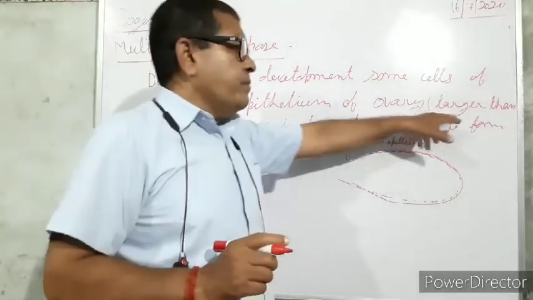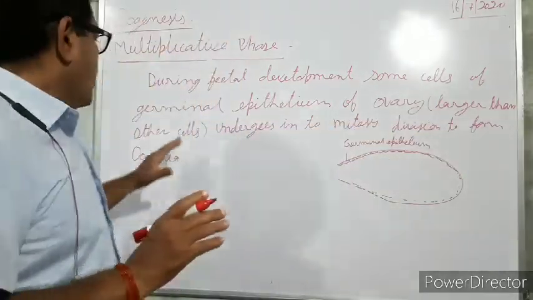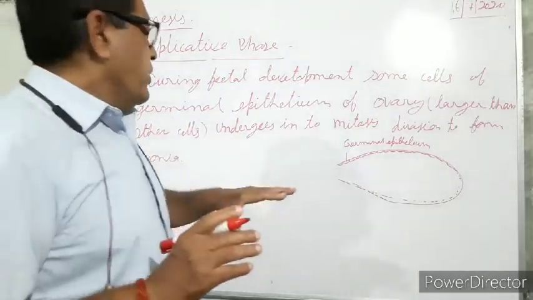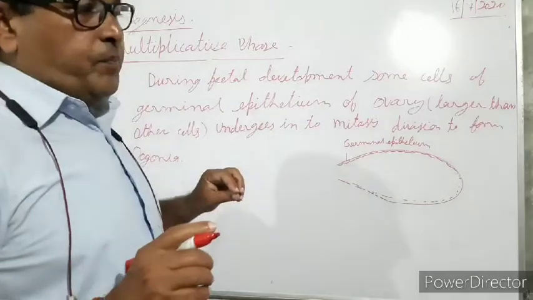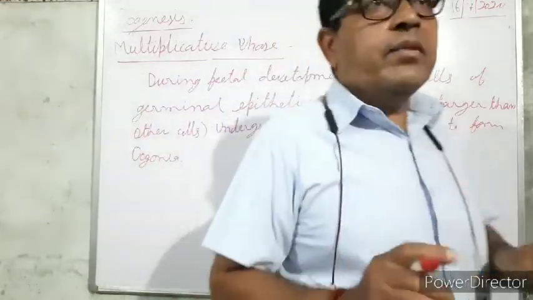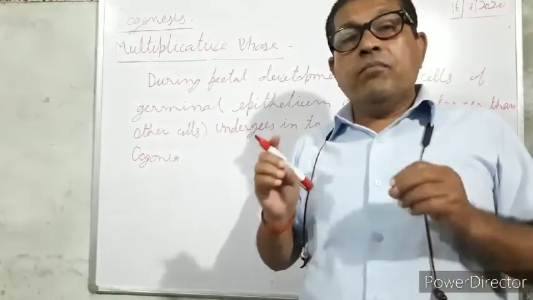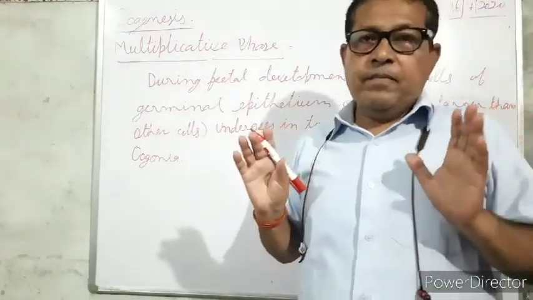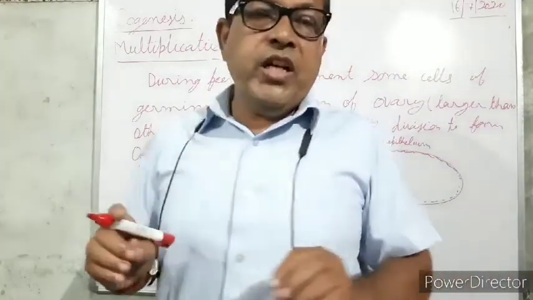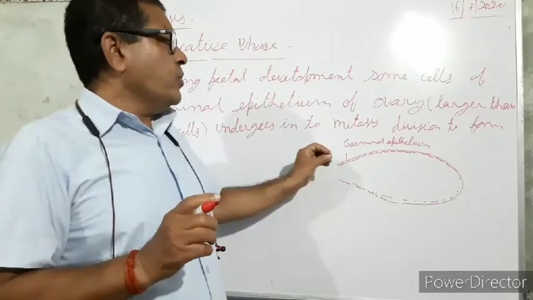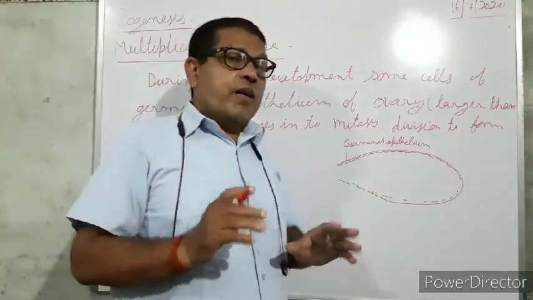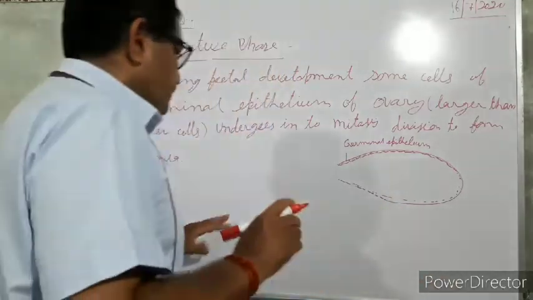Some cells which are larger than other cells undergo mitosis cell division to form the oogonia. This process takes place before the birth of the child. No more oogonia is formed or added after the birth of a child.